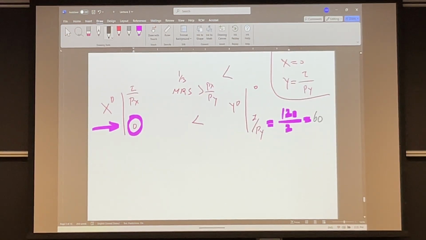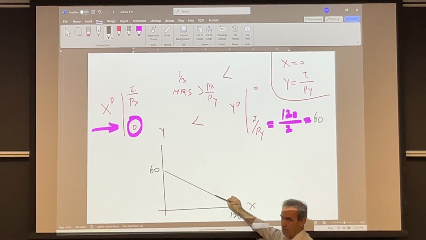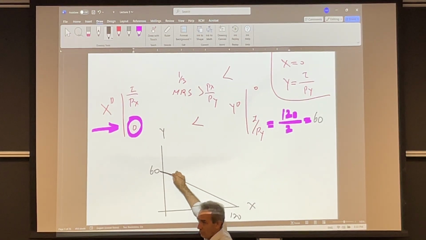Let me graph it, see what we did here. That's the budget line. The slope of this one is 1 over 2. The slope of the indifference curve is 1 over 3. Maximizing means going there.